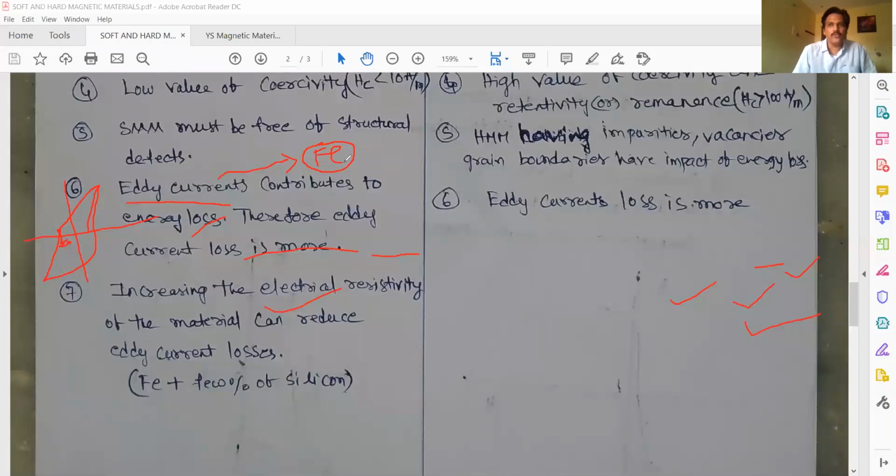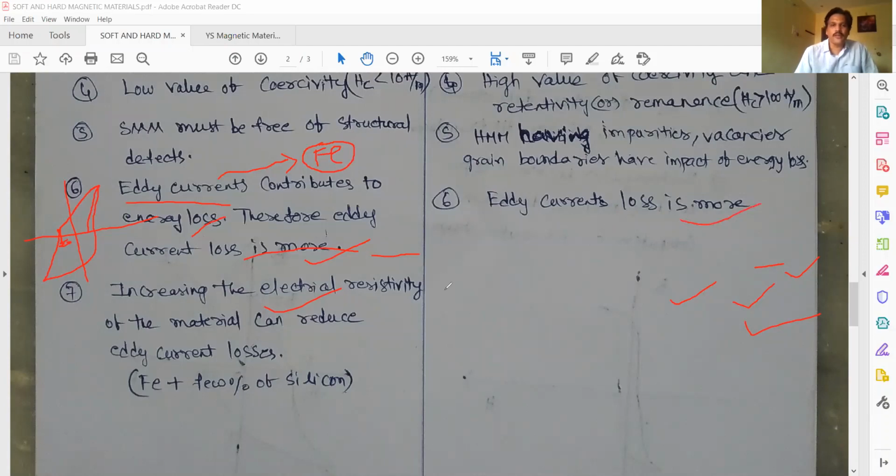That EMF produces its own magnetic field. That magnetic field opposes the applied magnetic field. That's why it's called Lenz's law. So these eddy currents contribute to energy loss. Therefore, eddy current loss is more.